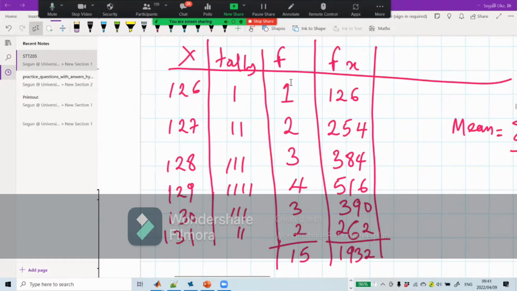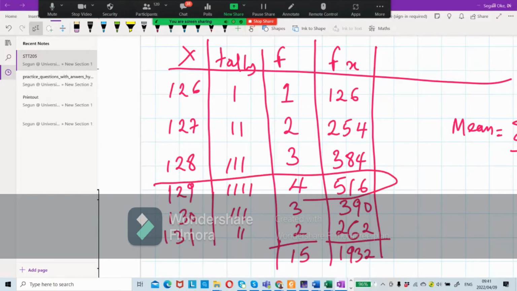Where does 8 fall into when you add everything together? 129. We have 1 here, 1 plus 2 is 3, 3 plus 3 is 6, 6 plus 4 is 10. So at this point, I will have my median.